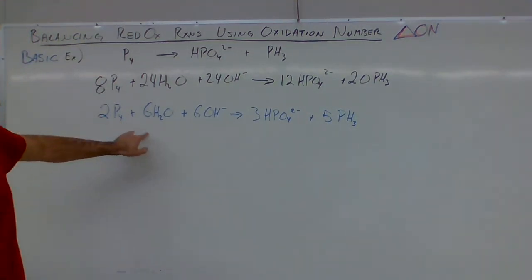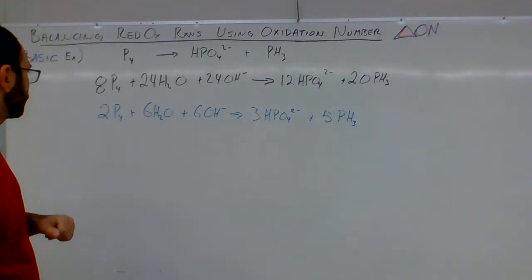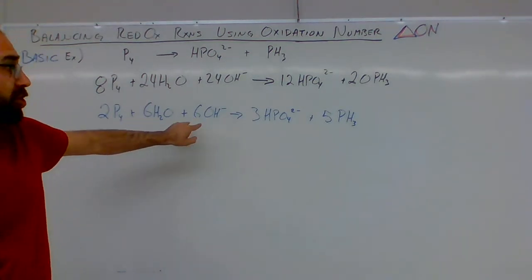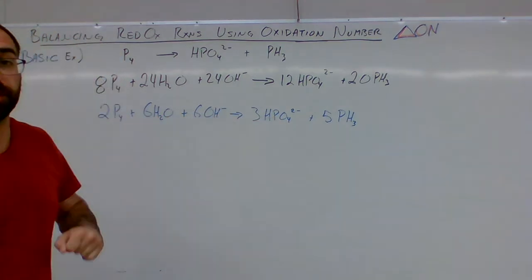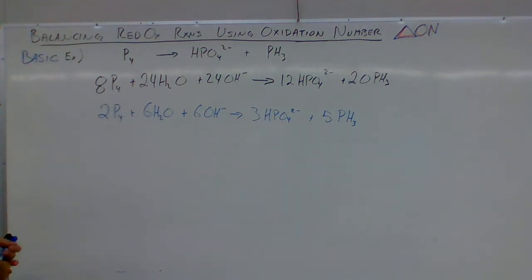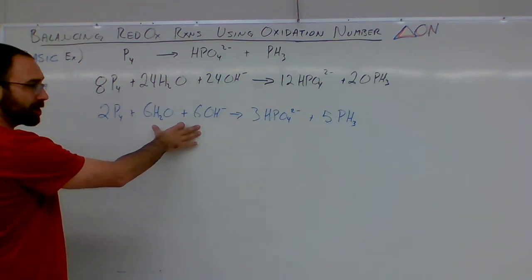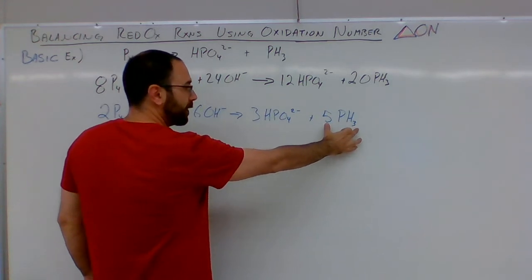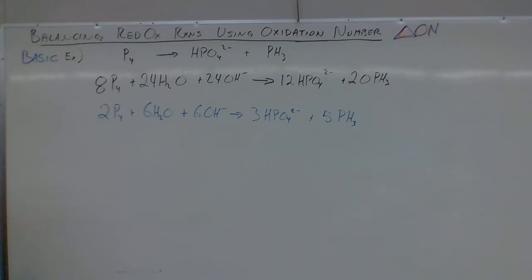I have 3 plus 5 is 8 phosphorus on that side. 6 oxygen plus 6 oxygen is 12 oxygen on my reactants, and I've got 12 oxygens over here in my products. I have 12 plus 6, 18 hydrogens as reactants. I have 5 times 3 is 15, plus 3 is 18 hydrogens. Everything balances out on both sides.